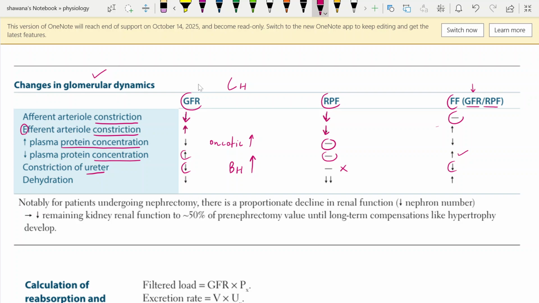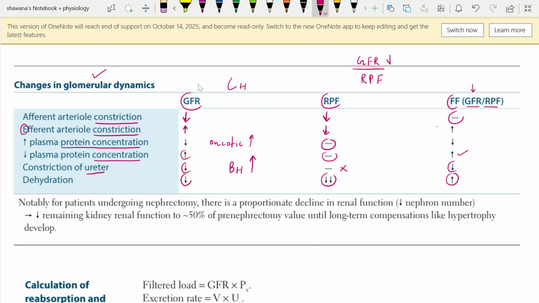It will also decrease the renal plasma flow, but how is it going to increase the filtration fraction? The formula for the filtration fraction is GFR by renal plasma flow, right? So GFR is being decreased due to dehydration, due to hypovolemia, due to hypotension. Renal plasma flow will decrease more, it will decrease more as compared to GFR. So filtration fraction will increase.